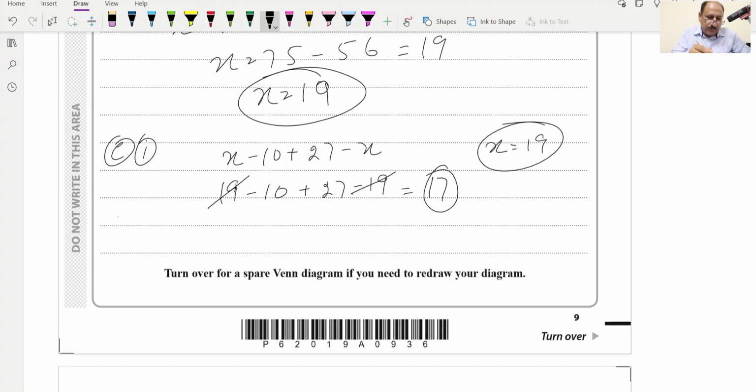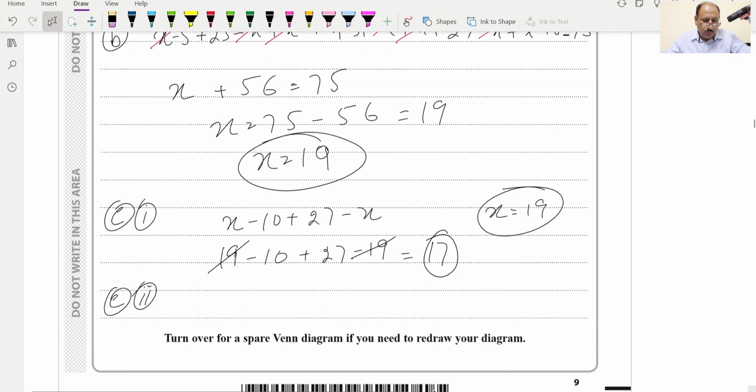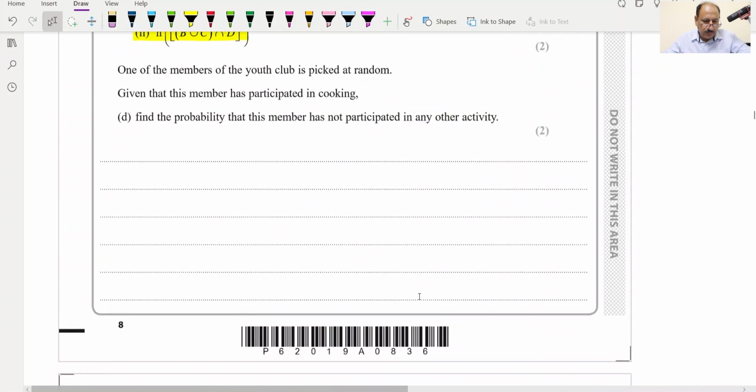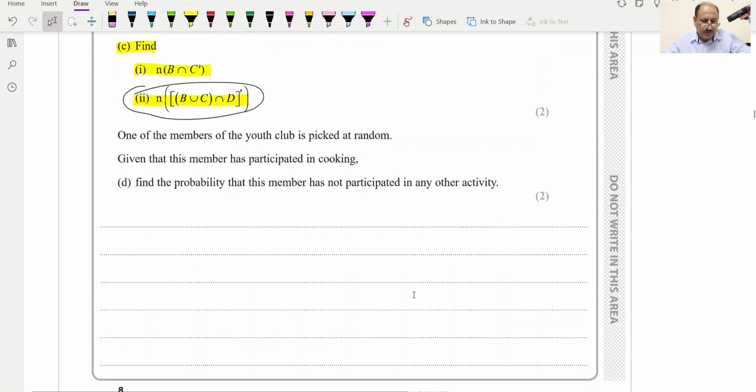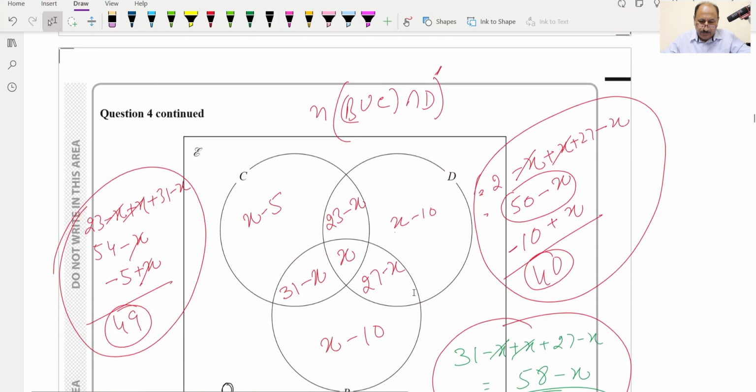This is C part 2, which says, if we go to C part 2, it is asking for n of B minus C intersection D complement.